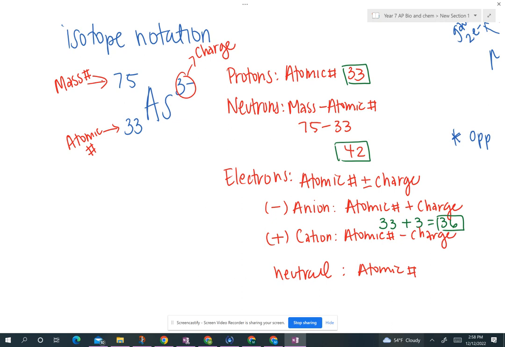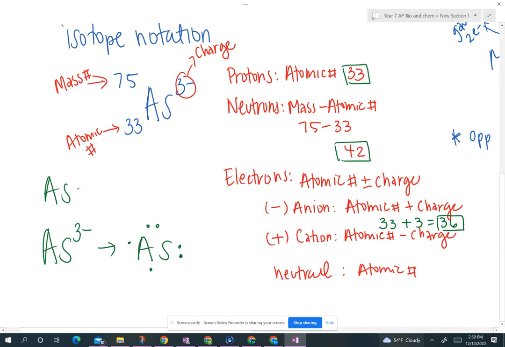If I were to do a Lewis dot structure, and this is the Lewis dot structure of an arsenic 3-, a 3- charge means that I have 3 extra electrons for this arsenic.